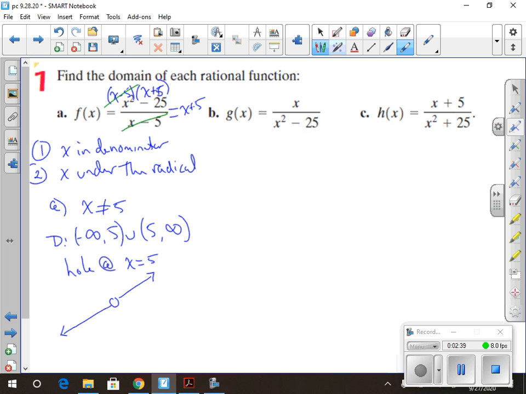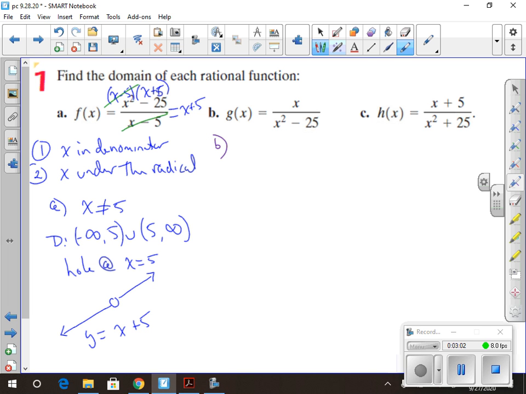Now we know that y equals x plus 5 is a linear equation, and so there's a hole in the graph instead of an asymptote. And I guess you could theoretically consider it still to be an asymptote. Okay.